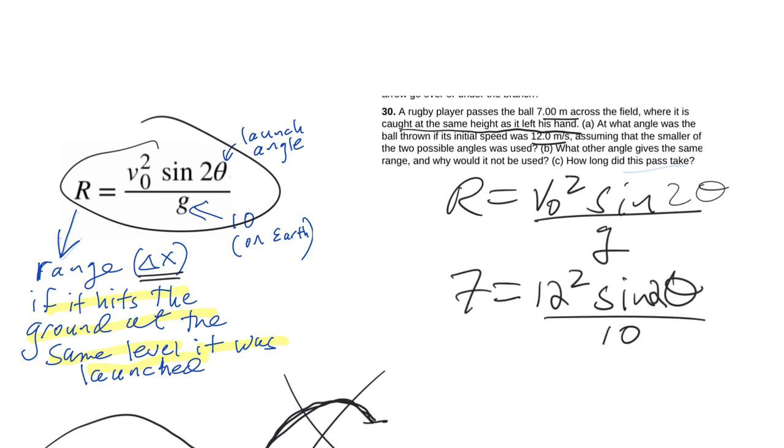Don't put negative 10. This is not requiring directions. Okay, so I'm going to cross multiply, 7 times 10, and divide by 12 squared. That equals sine of 2 theta.